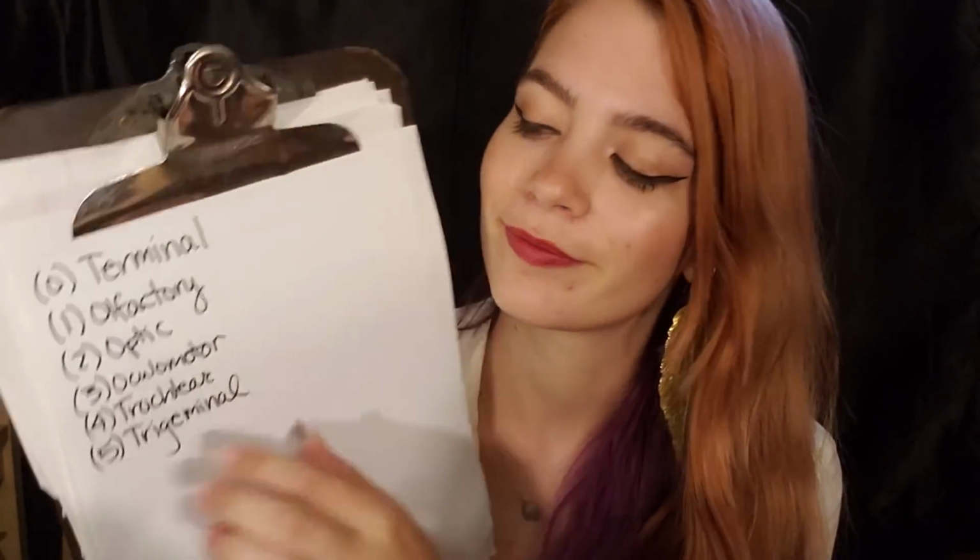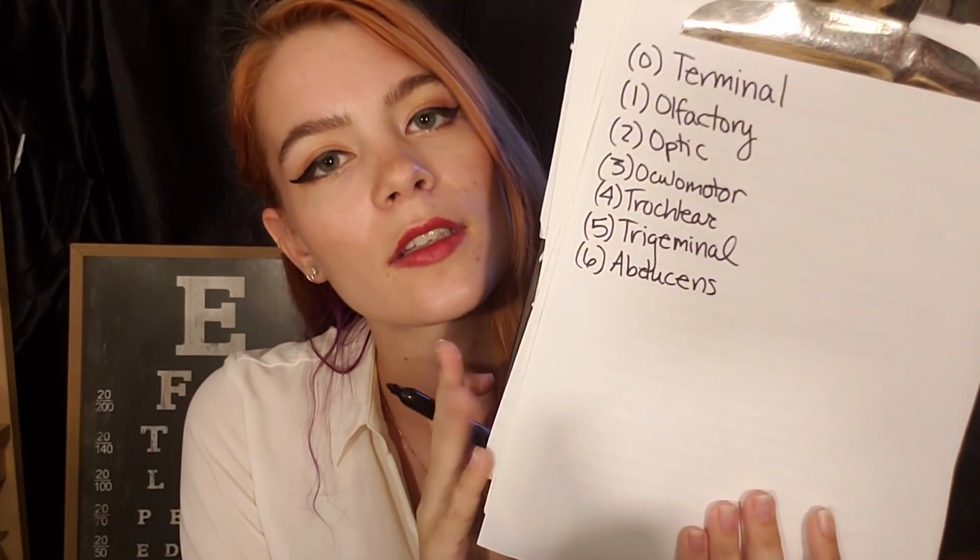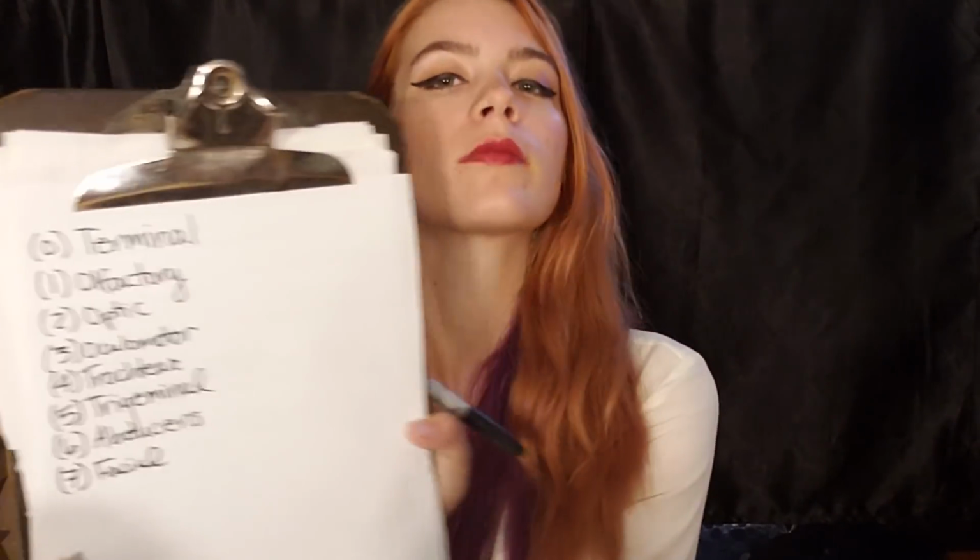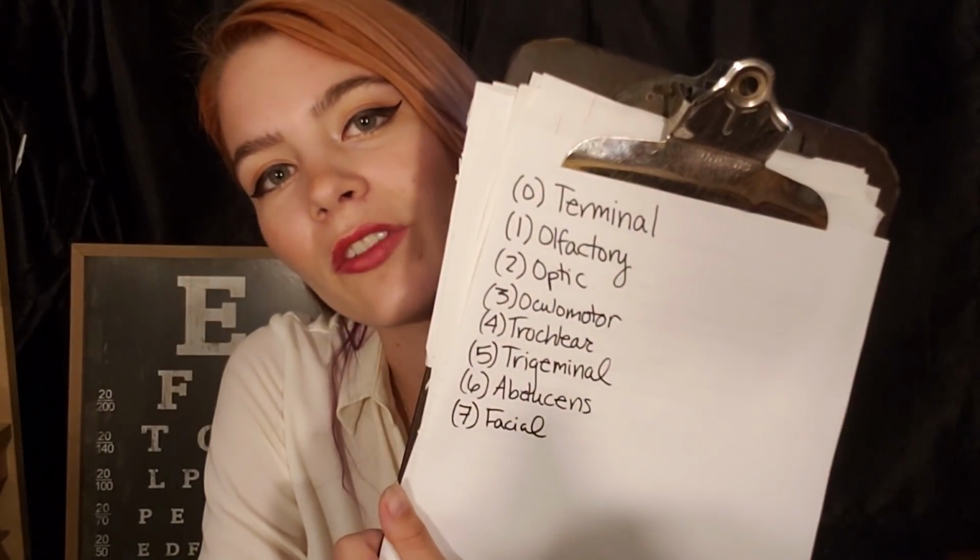The fifth is the trigeminal nerve. The sixth is the abducens nerve. The seventh, the facial nerve.